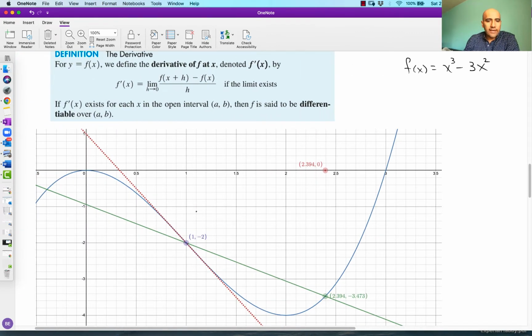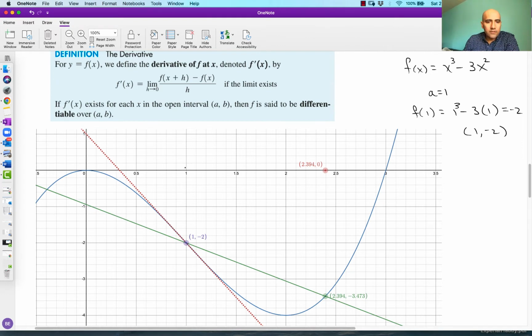And we were looking at a derivative here at a equals 1. If we plug it into our function, f of 1 equals 1 cubed minus 3 times 1 squared, which gives us negative 2. So we were looking at the point 1 comma negative 2, right? That's this point right here.